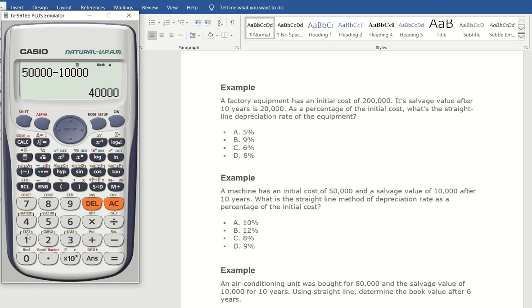So we have 40,000 divided by the years. So we have 4,000. Now again, we need to divide it by our first cost. So we have 50,000.